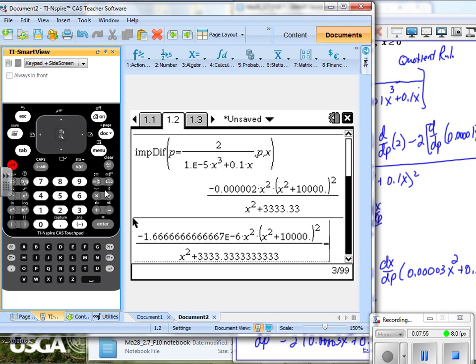Got a fraction, I know that. Okay. And I've got 4 zeros, right? Is it x cubed? Thank you. This is definitely not doing what I wanted to do.